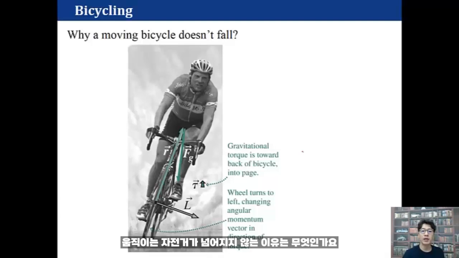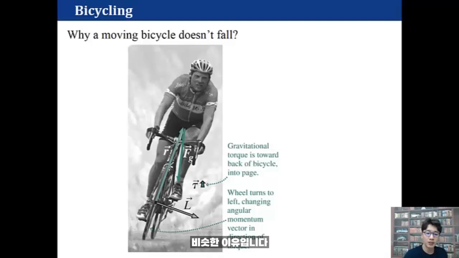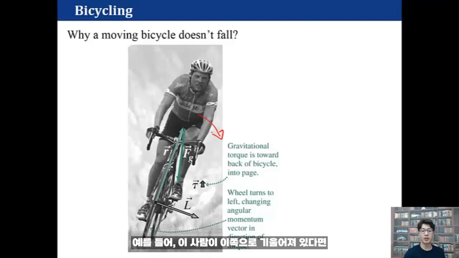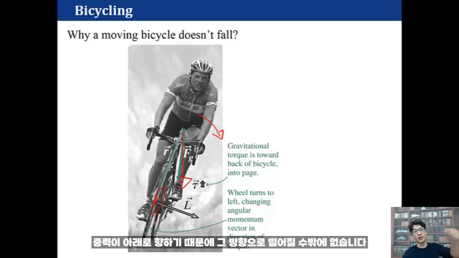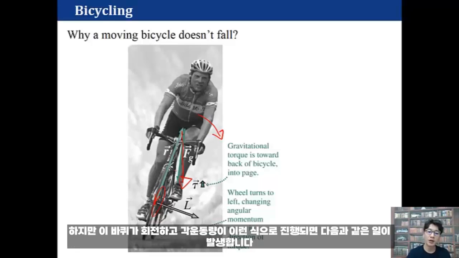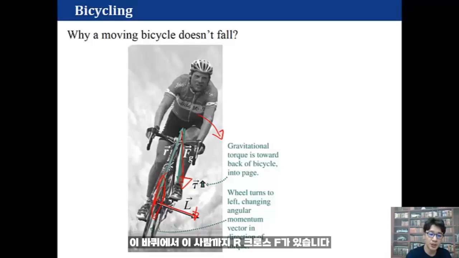Why doesn't a moving bicycle fall? Similar reason. For example, if this person leans this way, a little bit this way, and this wheel doesn't rotate, then he should just fall down due to gravitational force, right? There's a gravitational force downward, so he should just fall in that direction. But if this wheel rotates, and the angular momentum is this way, then from this wheel to this person there's this R cross F, so the torque is going into the page.